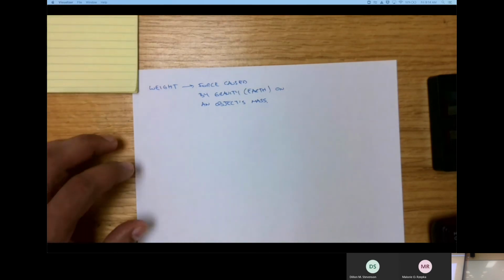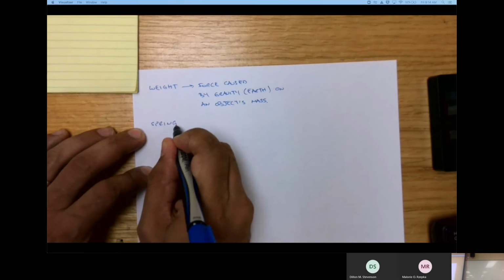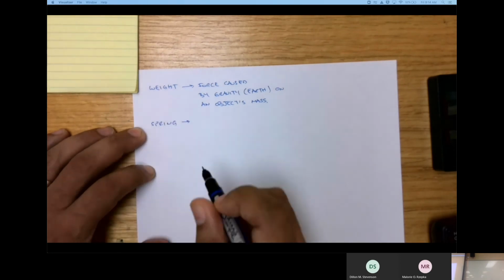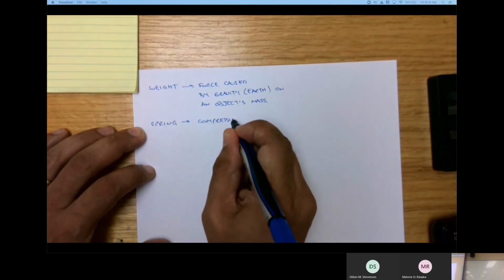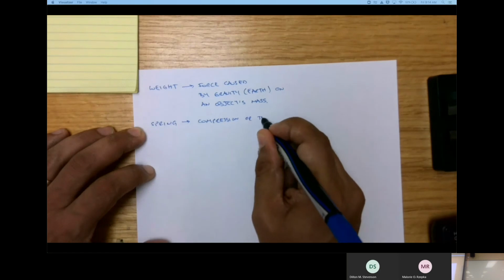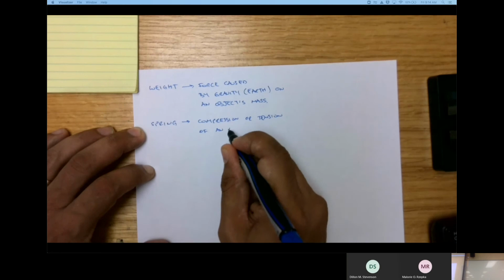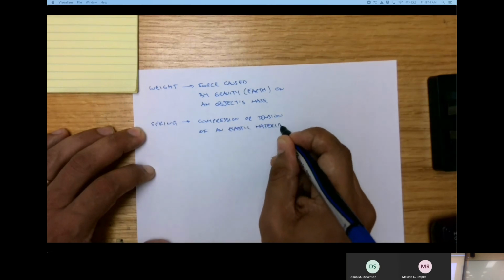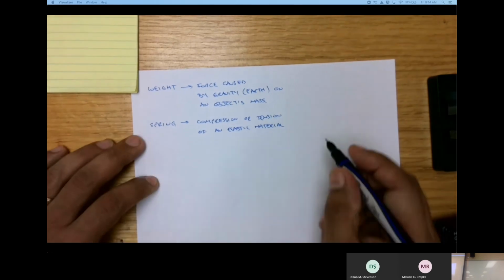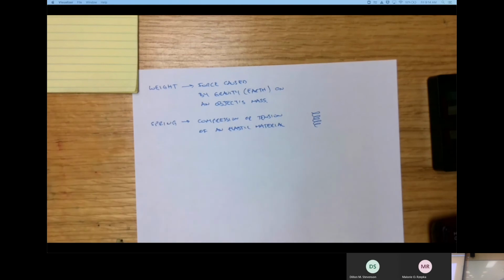The other one is spring forces. A spring force is caused by compression or tension of an elastic material. When we think about springs, we tend to think about this kind of metallic coil that you can compress, and then you can extend, and when you release the force, it's going to go back to its position.